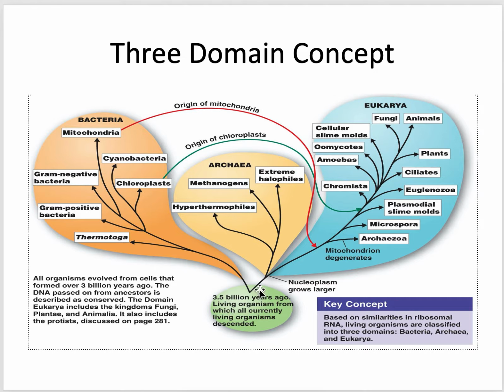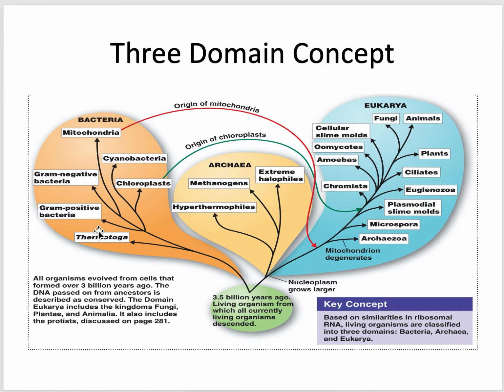If you look at the arrow in Archaea, first there are the hyperthermophiles, then methanogens, extreme halophiles. This arrow also represents the time when these microbes evolved. According to that, in the Archaea domain, hyperthermophiles evolved first, and the extreme halophiles and methanogens evolved at almost a similar time.